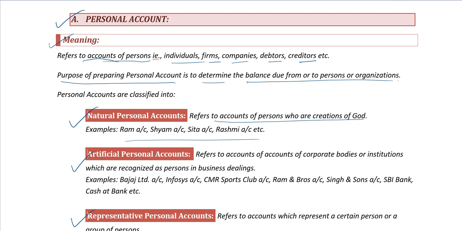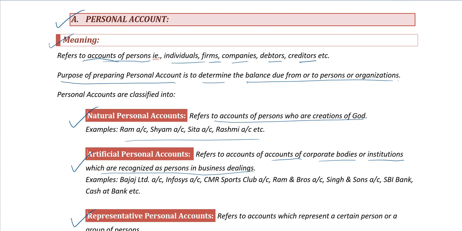The next type of personal account is artificial personal account. This refers to accounts of corporate bodies or institutions which are recognized as persons in business dealings. So it could be a firm, it could be a company, it could be a sole proprietorship. All these are artificial personal accounts.